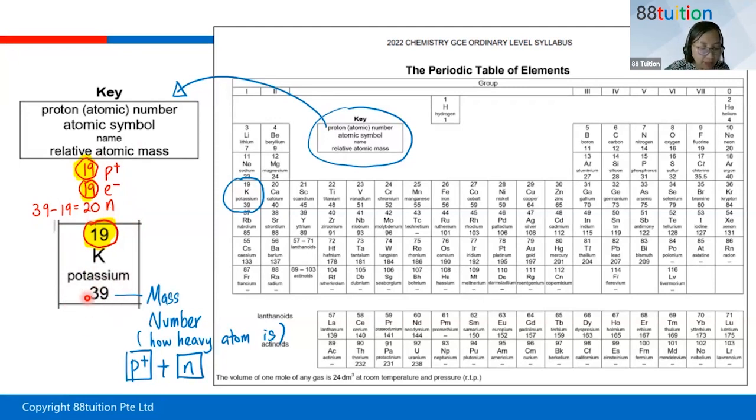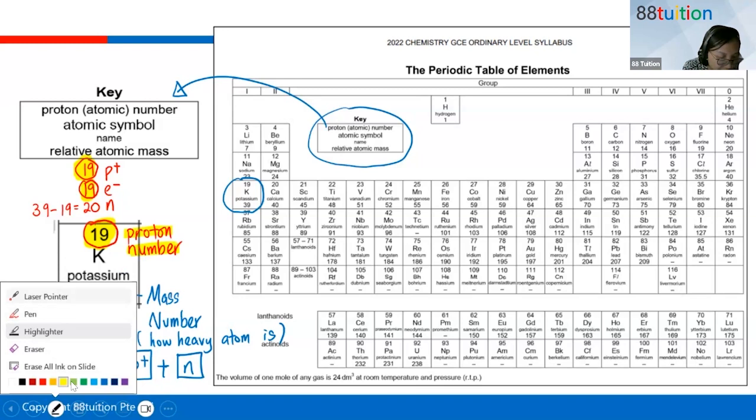Big number is the mass number. It tells you how heavy the atom is. Small number is the proton number. So let me write here, this is proton number. Let me just highlight.